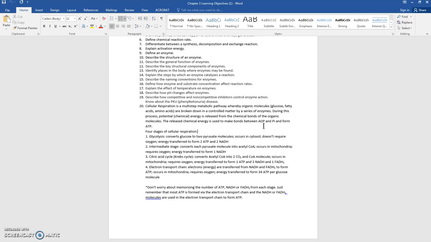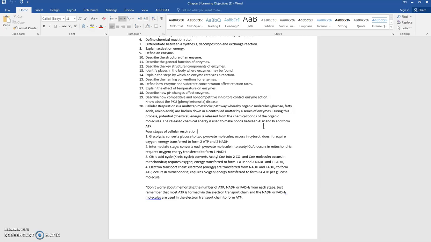This chemical reaction pathway will take those and break them down, and enzymes are involved in that whole process of breaking those bonds in glucose and the fatty acids. And then each time a bond is broken, you get the chemical energy that was in that bond released from those organic molecules.